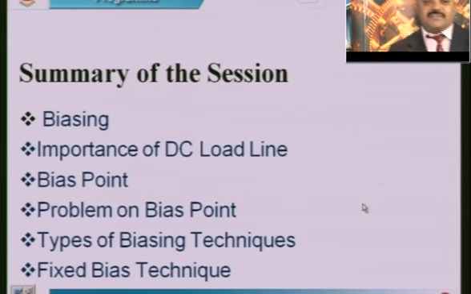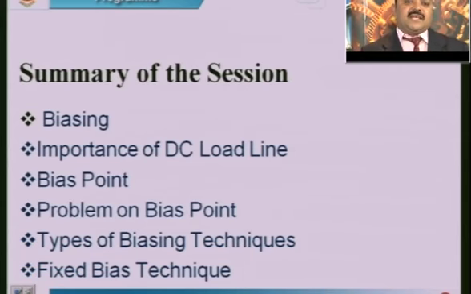What is the summary of this session? We will be discussing biasing techniques in the next session. So, the summary of this session: we started with prerequisites of BJT biasing. What is biasing? We discussed the importance of DC load line.